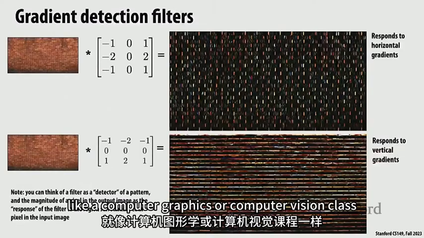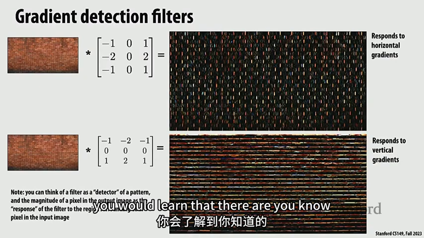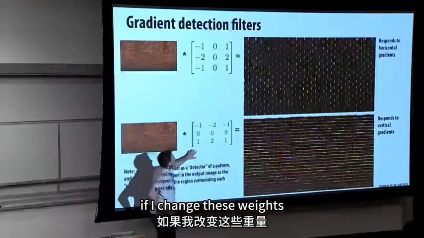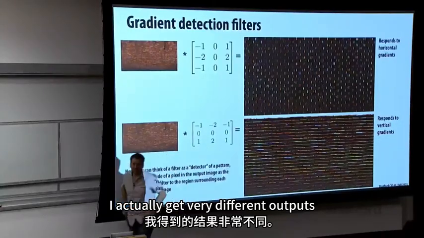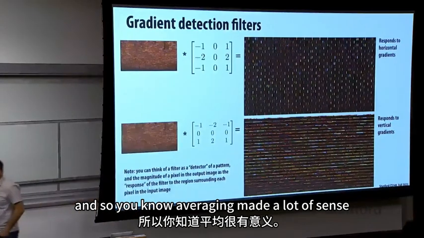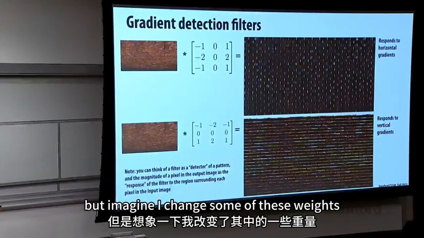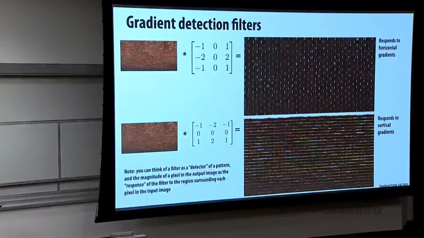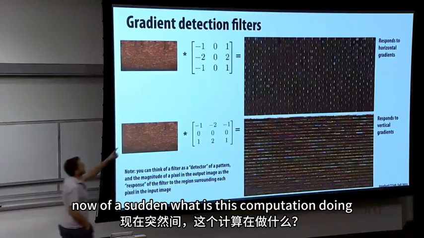And if you took a computer graphics or computer vision class, you would learn that if I change these weights, I actually get very different outputs. Averaging made a lot of sense, but imagine I change some of these weights and make some of them negative. Now, all of a sudden, what is this computation doing?